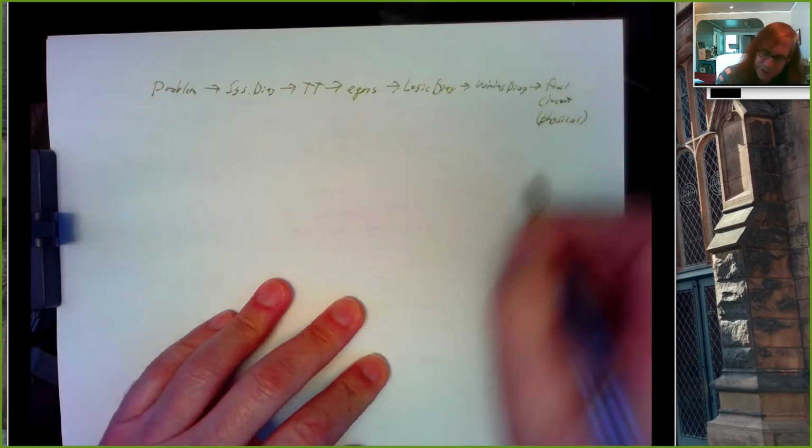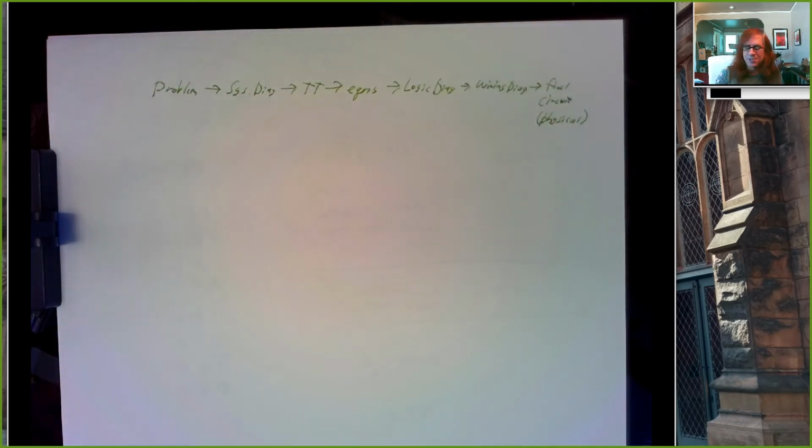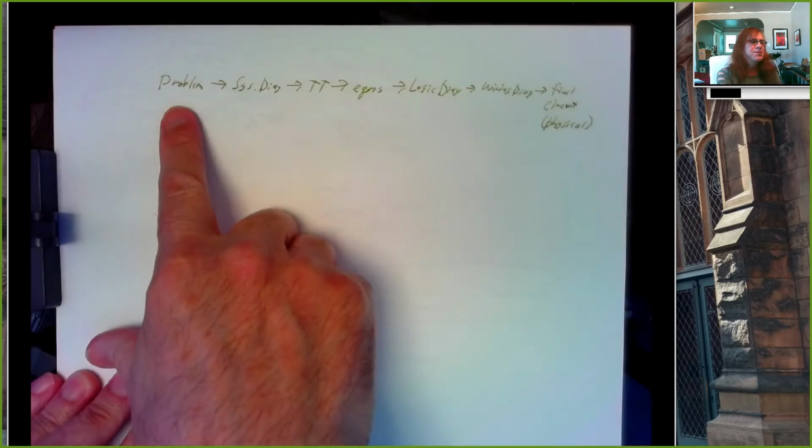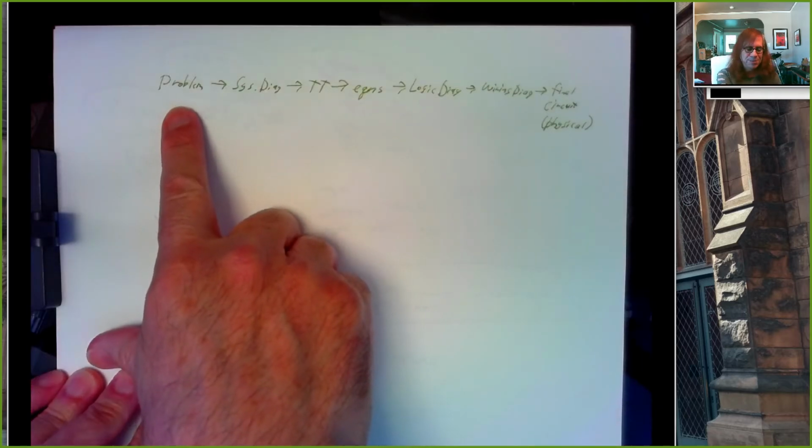A physical circuit, except our physical circuits aren't physical because they're done in Tinkercad, but you know, the actual final working thing. So the problem is, you know, design a traffic light controller, and so on.